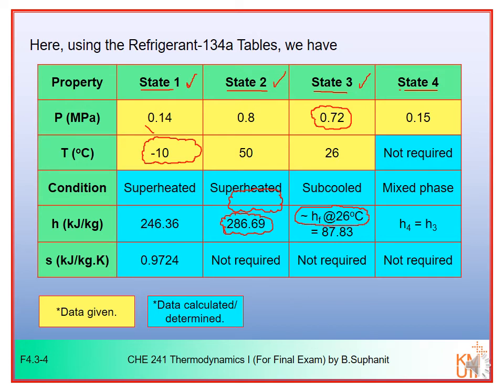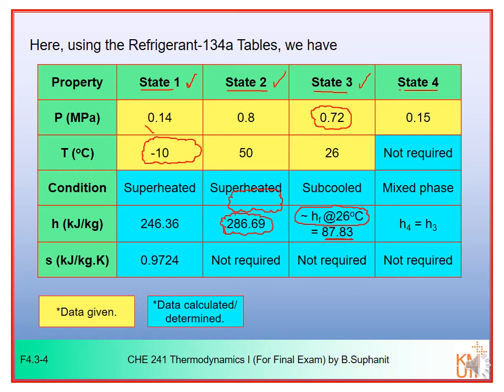You can take the enthalpy value of the sat liquid at 26 degrees Celsius, and that would be 87.83 kilojoule per kilogram.